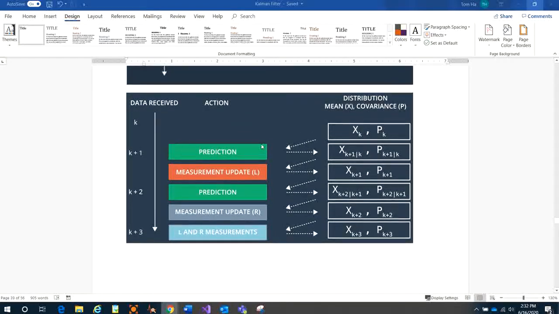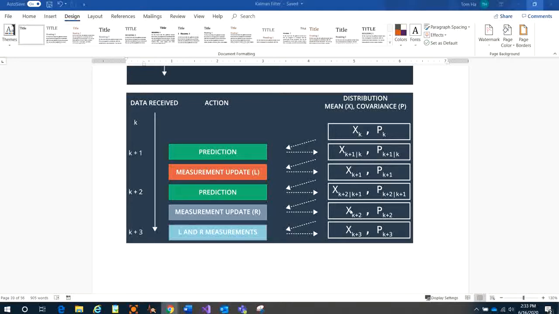I summarize right here. At time k, you have s_k, P_k, the state variable and covariance k. At time k plus 1, we apply the Kalman filter prediction, and after the first measurement, for example, L right here is a laser, we update the measurement. We got the measurement at time k plus 1. After that, we continue prediction at time k plus 2, and we got the measurement from the sensor right here, for example radar, right?